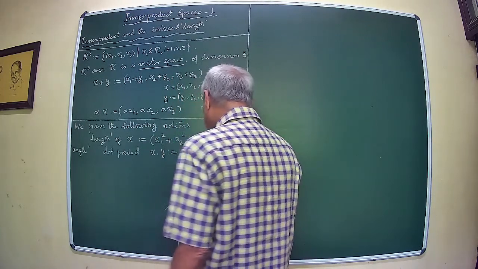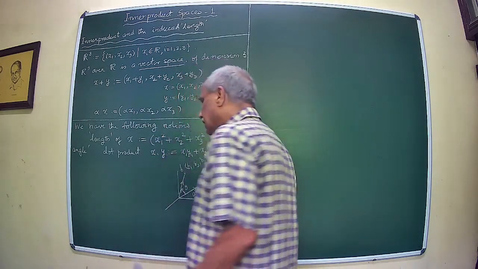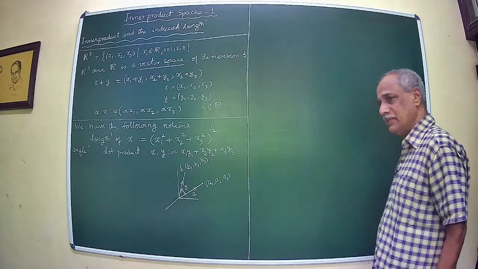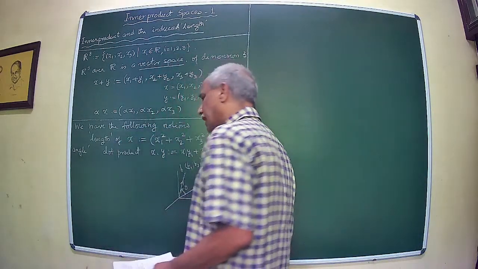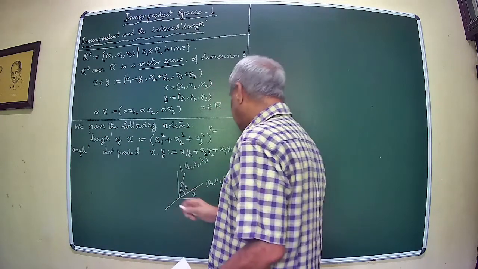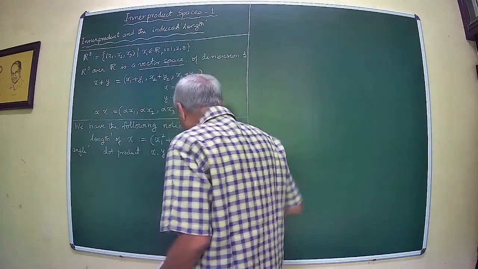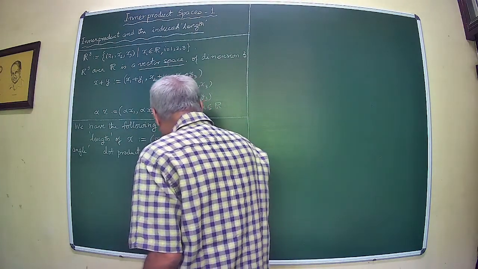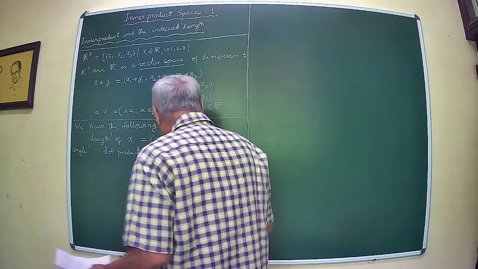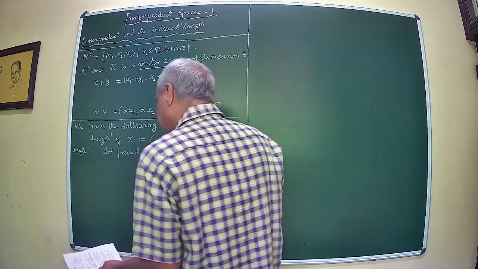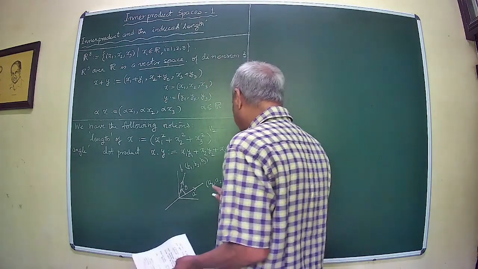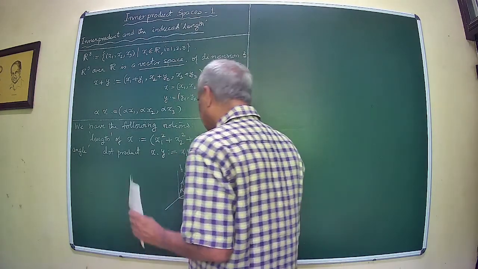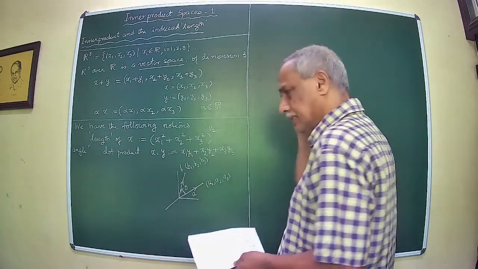There is a unique plane determined by A and B, and we can measure the angle between A and B in that plane. Our objective is to compute theta in terms of A1, A2, A3, B1, B2, B3 and find an expression for that.